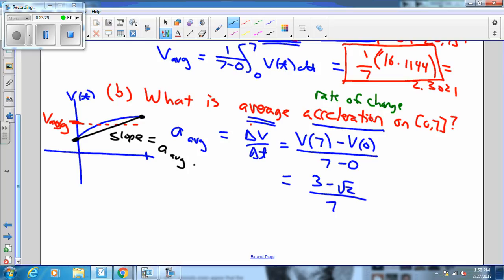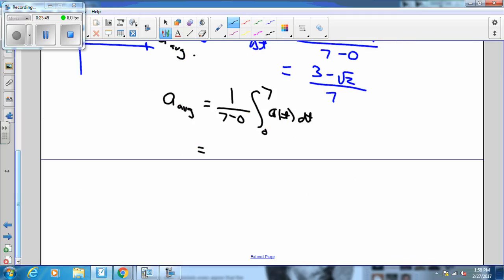Here's a cool thing. We've got a minute, so I'll mention it. It looks like I ought to be able to compute the average acceleration as the average value of the acceleration. Shouldn't that make a whole lot of sense? It should make a whole lot of sense.